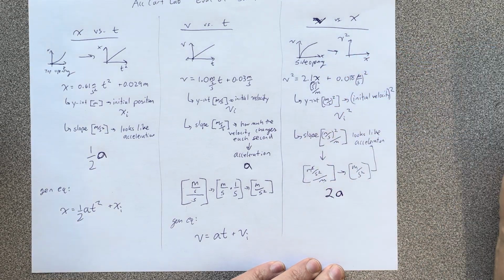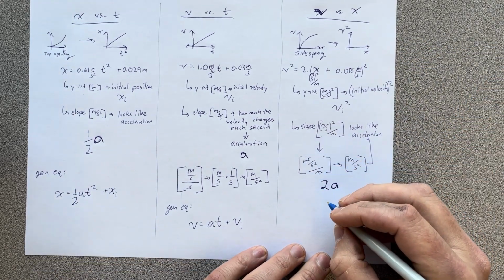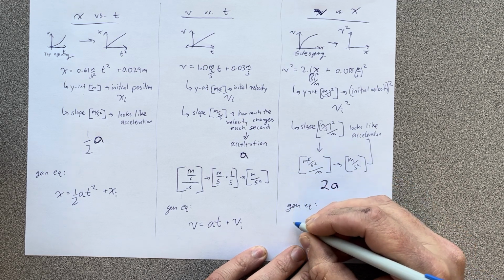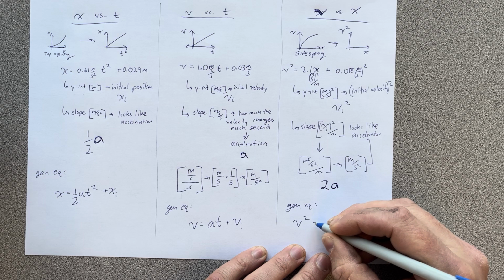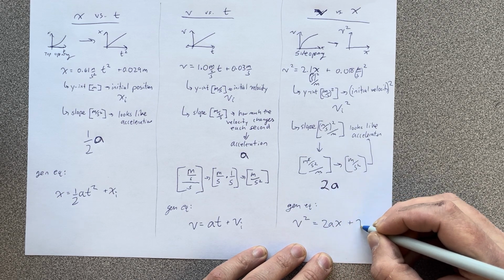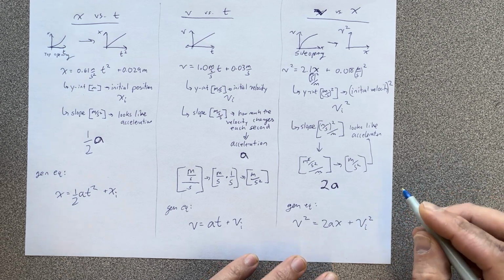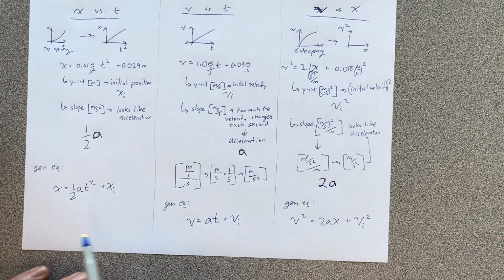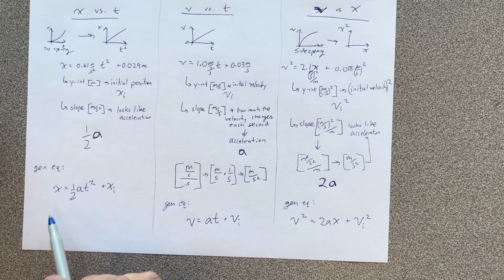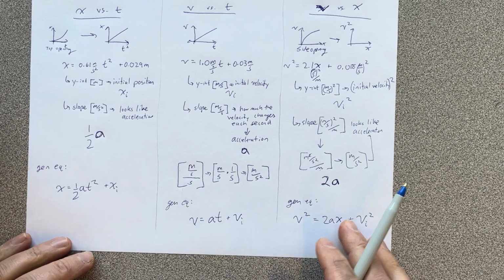And then this one, plugging back in 2a for the number, we get v squared equals 2a times x plus v initial squared. So these variables, keep in mind, this could be x final, v final squared. It's the position at a later time, the velocity at a later time, and the velocity squared at a later position. So those are your general equations.